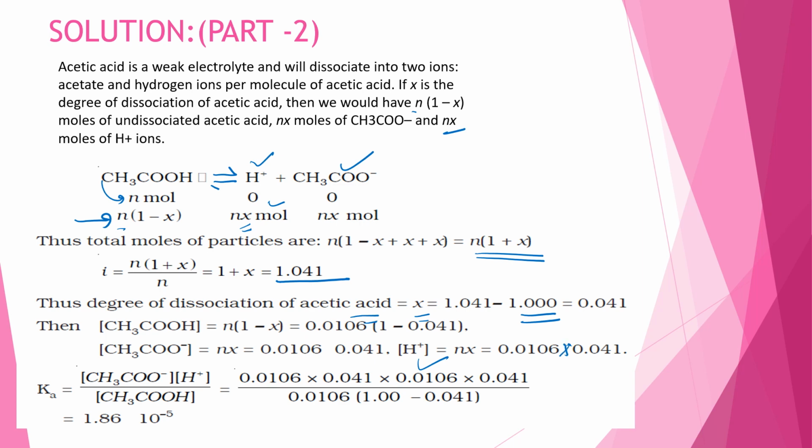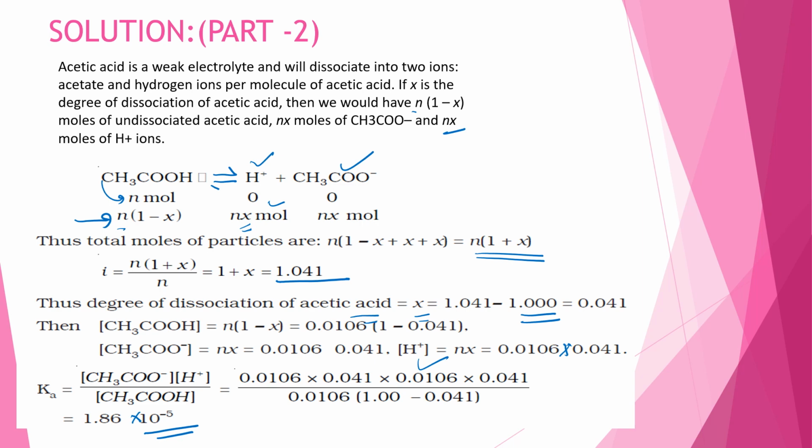The dissociation constant is the concentration of particles on the right hand side, that is H plus and CH3COO minus, divided by the concentration of particles on the left hand side. So CH3COO minus concentration into H plus concentration divided by CH3COOH concentration. The whole thing after dividing everything will come as 1.86 into 10 raised to the power minus 5. Answer. K is the dissociation constant.